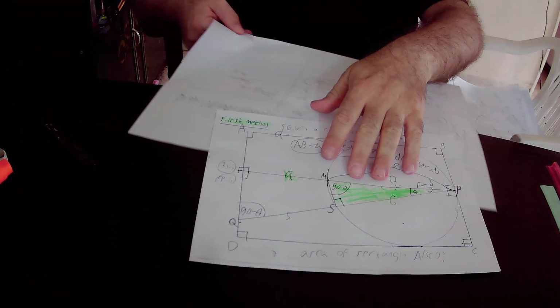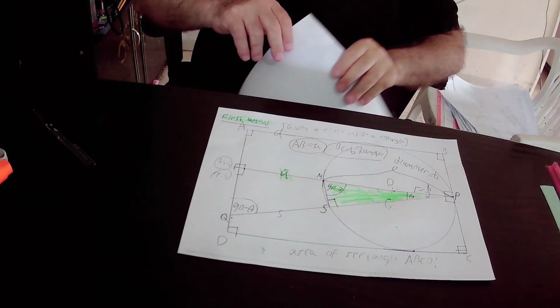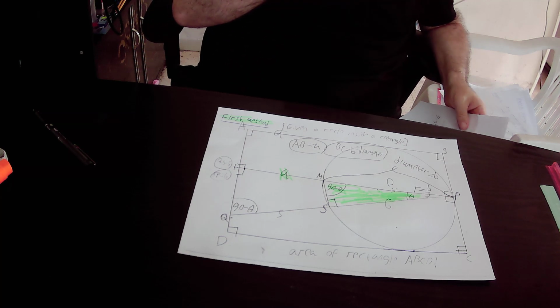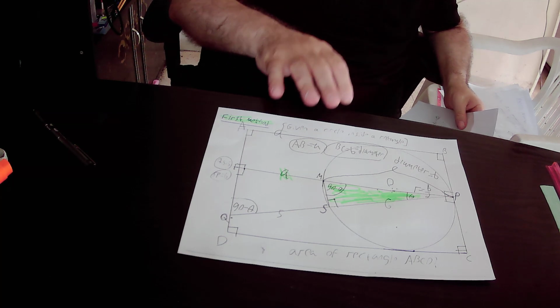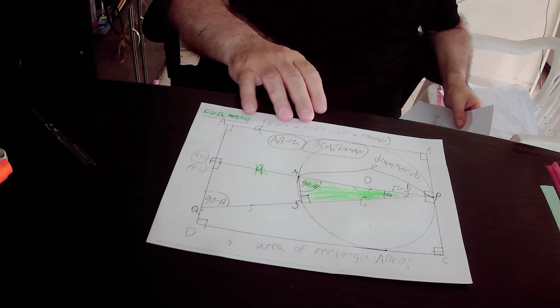Then I presented to you how to find the area of rectangle ABCD according to the second method. In the second method, we do all the things that we already did in the first method.